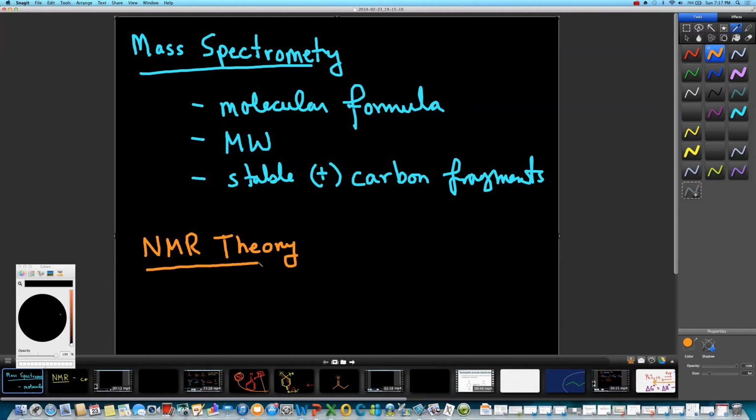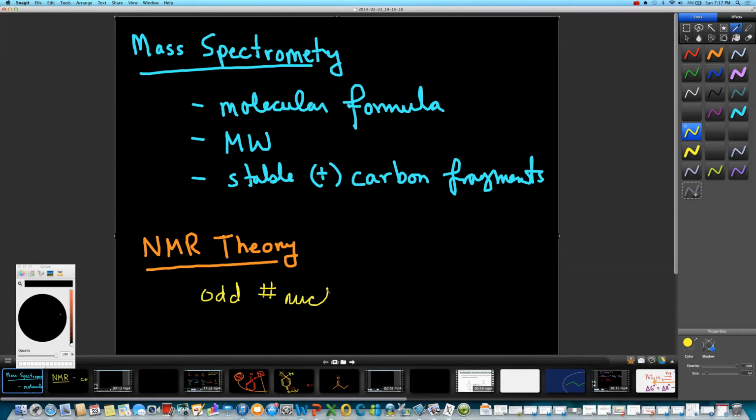Like FTIR, NMR is going to be based upon the quantum theory, and that is that rather than looking at vibrational frequency energy excitations, we are going to look between excitations of spin states of a nucleus. So there are some nuclei that will have an odd number of what we call nucleons.